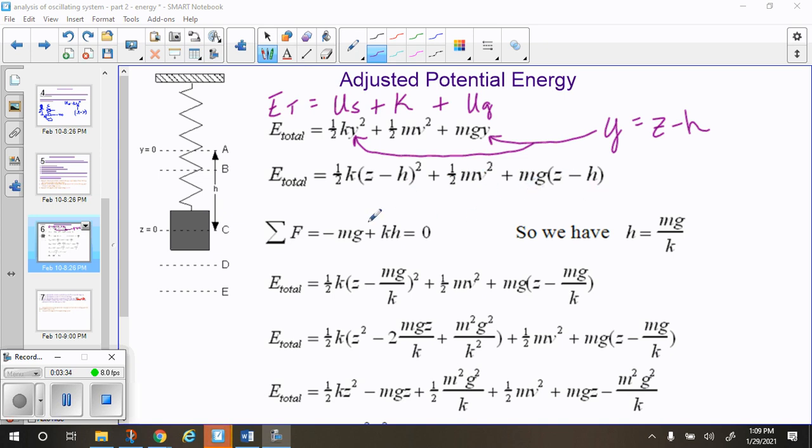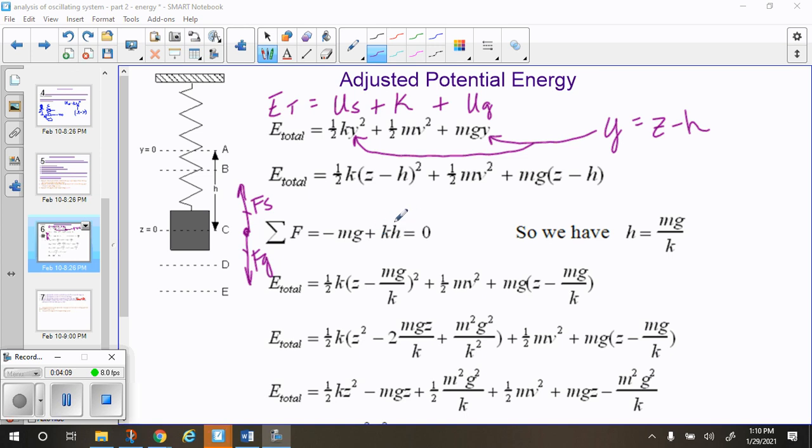minus h). Now we also know that at this position, the net force on the block is 0. There's the force of gravity going down, there's the spring force going up, and these two forces are the same. They're in equilibrium. If I write my net force equation, I get negative mg, so the force of gravity is acting down, plus kh.